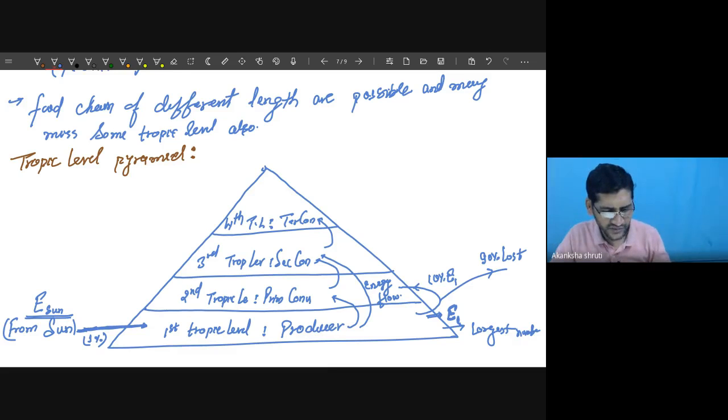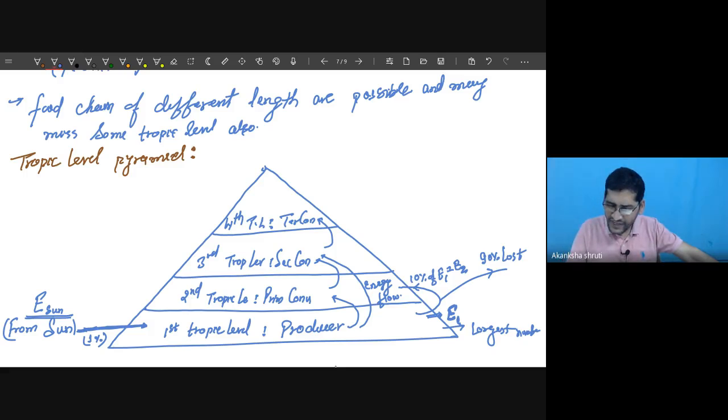So you have to keep this in mind. From one trophic level to another, only 10% of the energy will pass. Let us call this 10% of E1 as E2.